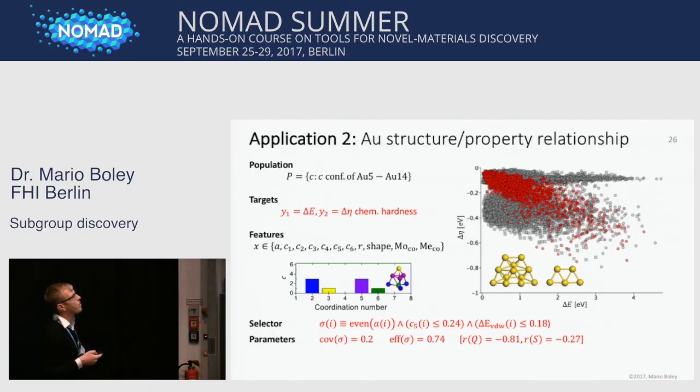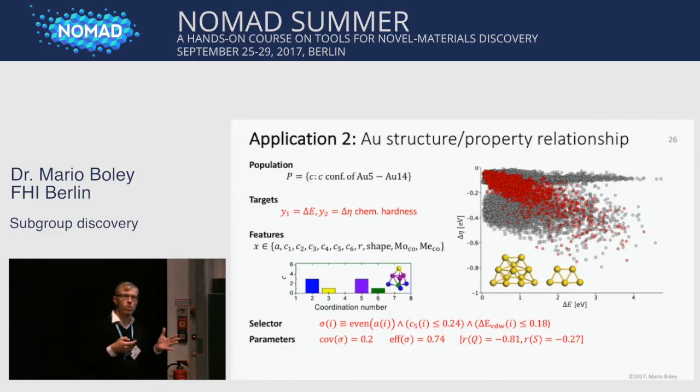So you go from a not very correlated situation in the global picture to a correlation coefficient of minus 0.81 in this subgroup. And now you can wonder why in this regime there is this connection between the stability and the hardness.